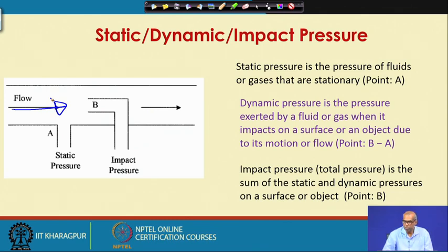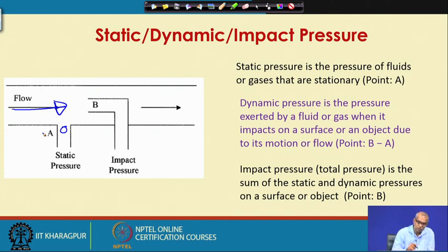At point A, the pressure I measure will be known as static pressure. Dynamic pressure is the pressure exerted by a fluid or gas when it impacts on a surface or an object due to its motion or flow.